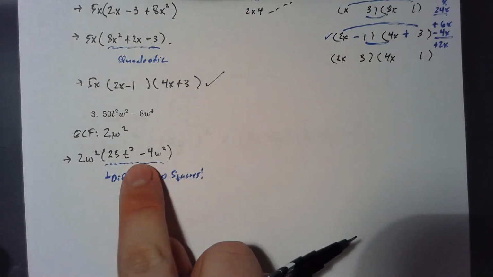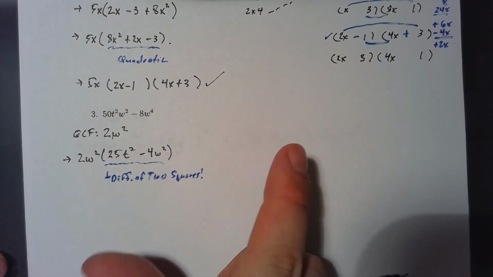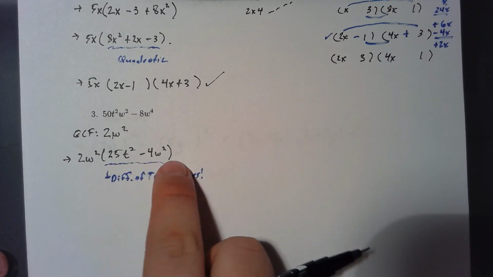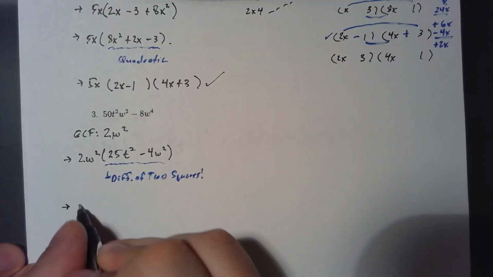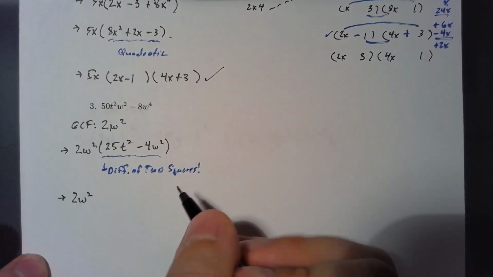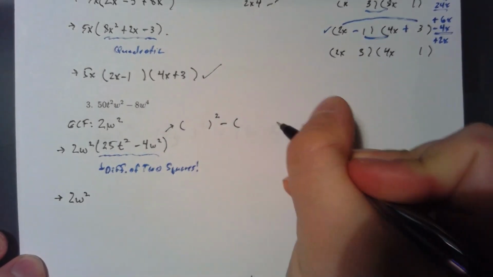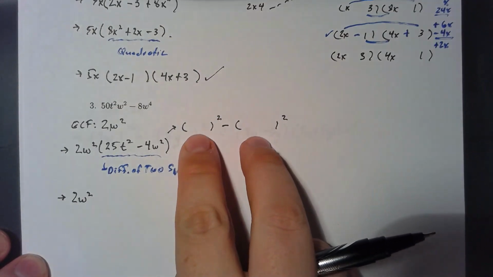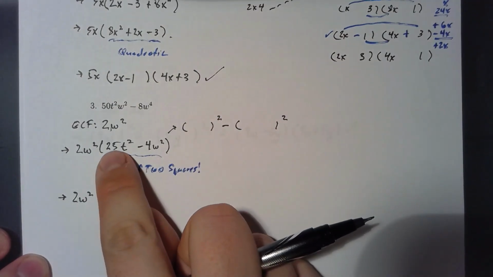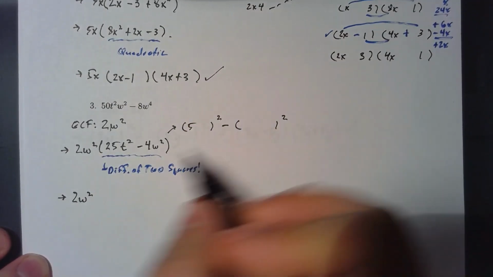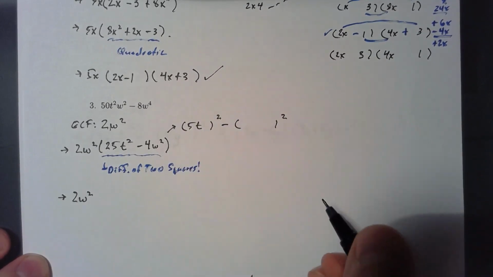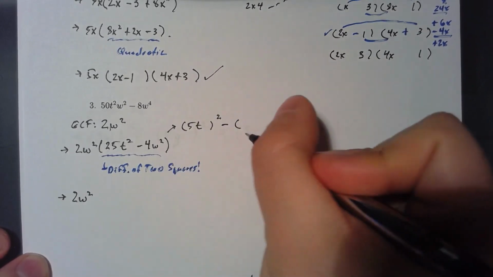So what does a difference of 2 squares factor to? That's easy to remember. That's just a minus b and a plus b. So 2w squared. In other words, this could be written as something squared minus something squared. What are these things in here? So what number squared gives me 25? That's easy. 5. And I have t there, right? What number squared gives me 4? 2.